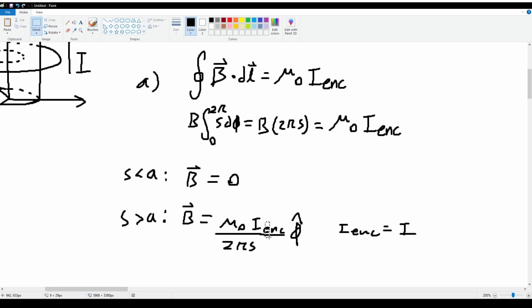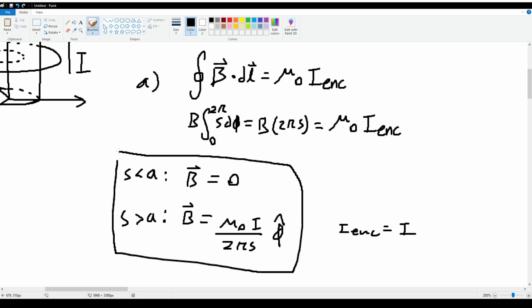So it's just I. And so this is the answer to part A for the two cases.